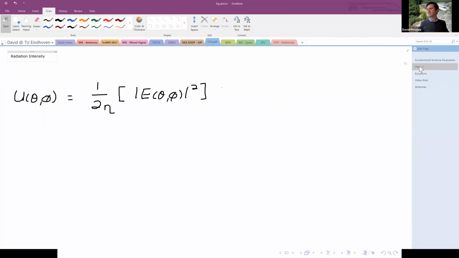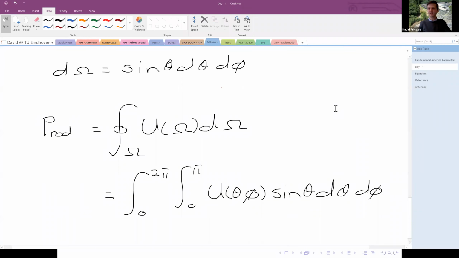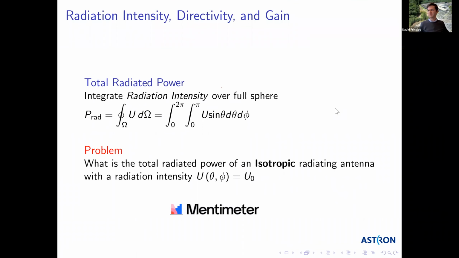So if you note this one down for yourself, because I'd like you to quickly use this: if you look at this problem here, what is the total radiated power of an isotropic radiating element? Firstly, you may need to know what I mean by the word isotropic.